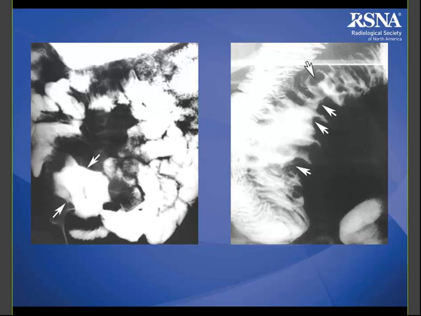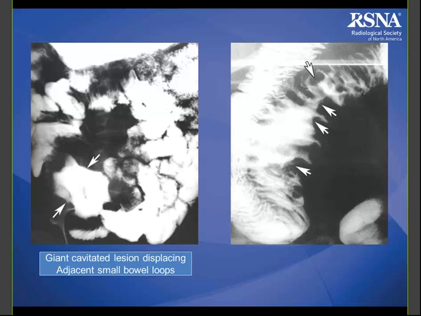So here's just an example of an area that's dilated, maybe even ulcerated in the distal small bowel, with a lot of abnormal angulation and spiculation of the distal small bowel. This is a giant cavitated lesion displacing adjacent small bowel loops, and this was focally thickened, with smooth lobulated folds.